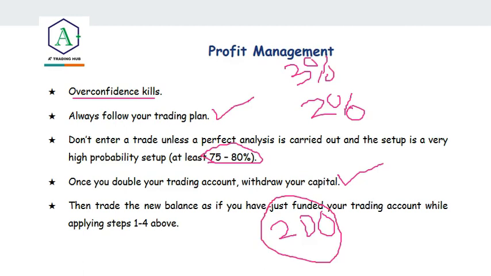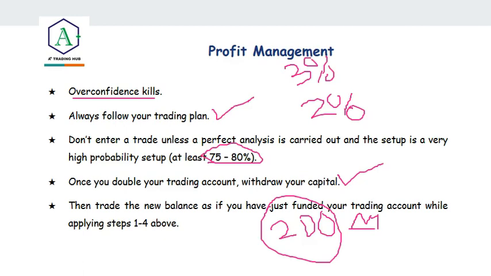Because if you allow the whole funds, both the capital and the profit, to be there, this will make you increase your loss size and overconfidence may come in, and at the end of the day you blow your account. So all you need to do is withdraw the money back to your wallet.